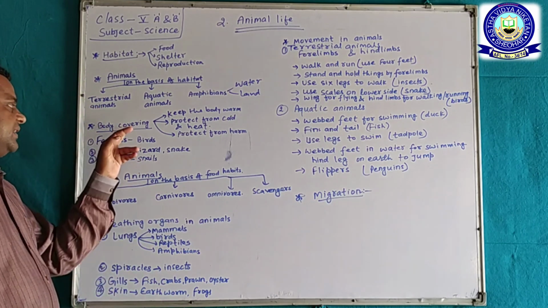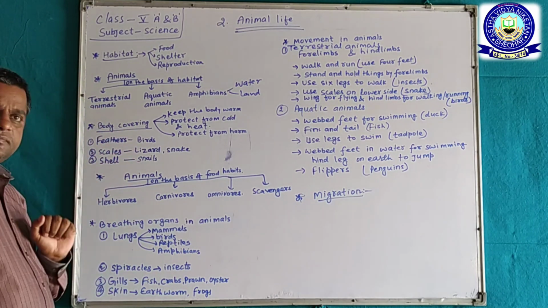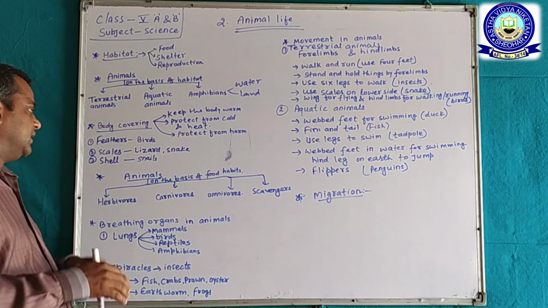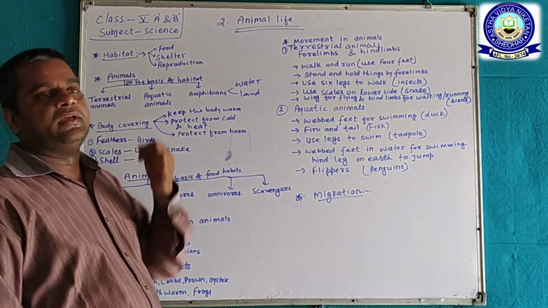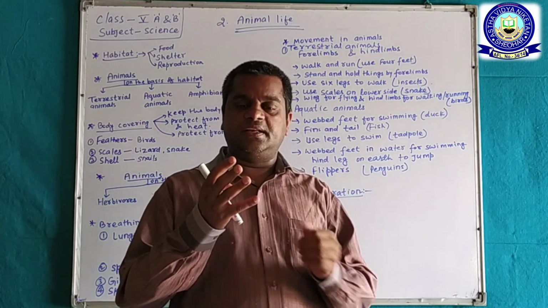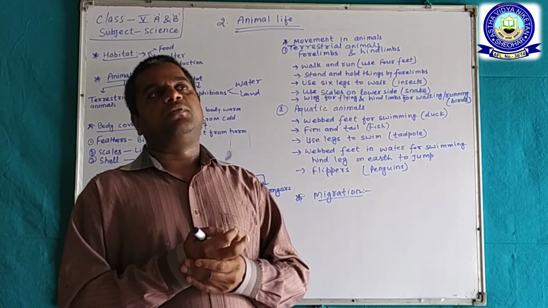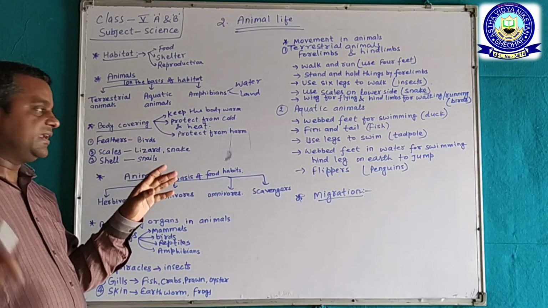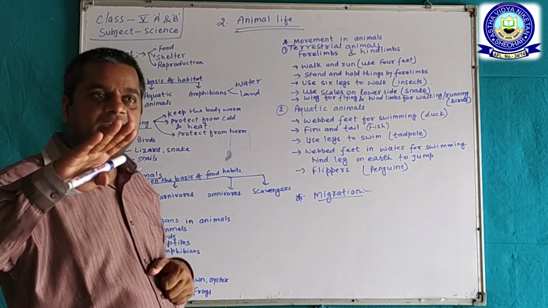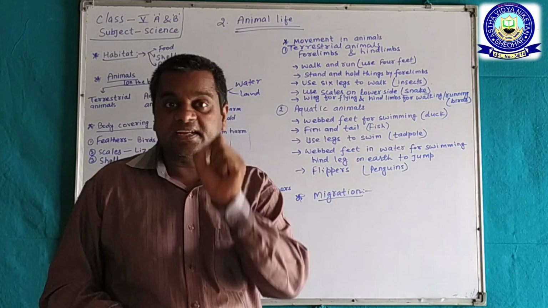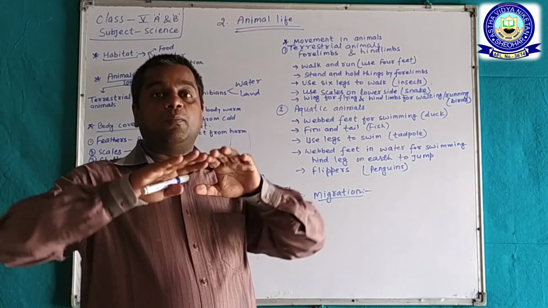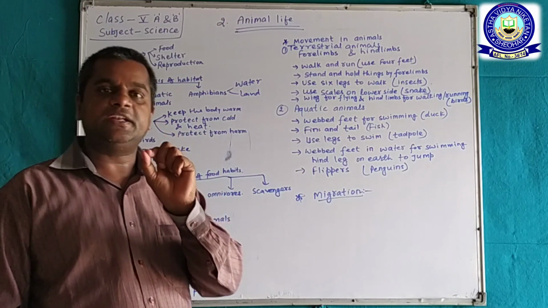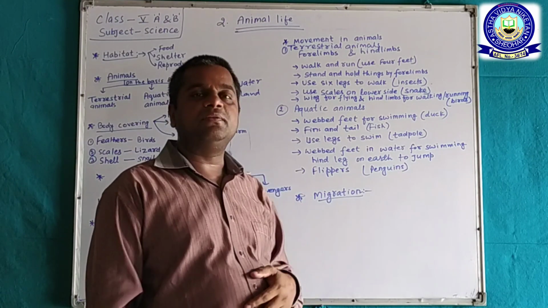Okay. Now there are some special things that cover the body. Feathers. In case of birds, we see feathers. There are three kinds of feathers. One is large, that helps in flying, and one is middle feathers that help to make the body shape, and the small feathers that keep them warm during winter season.